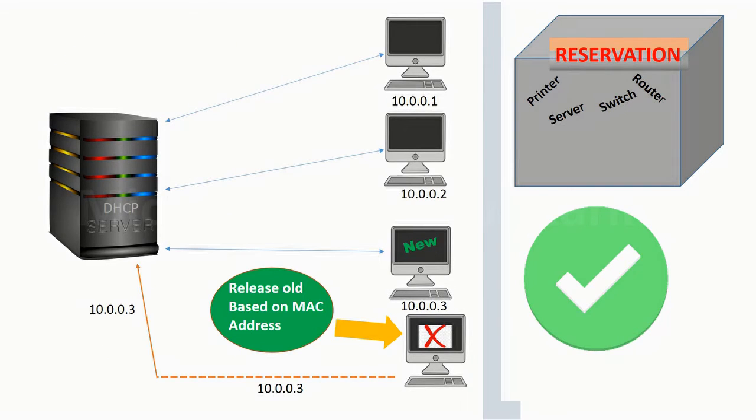If all the IP addresses in the range are assigned, then you need to add one more scope or release one old client system from the scope.